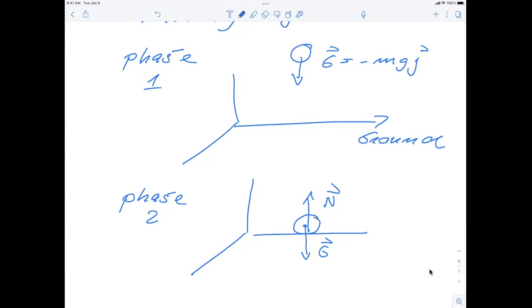So the way you would do this in the homework is to come up with a model for the normal force. The most natural thing you can do is to model this with a spring force, and that's what you would have to plug into your program.